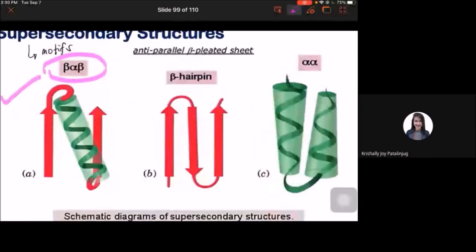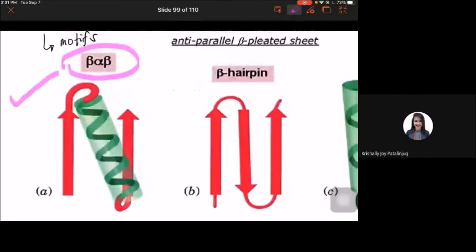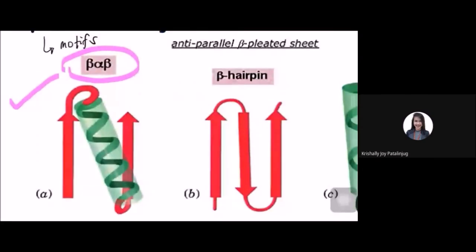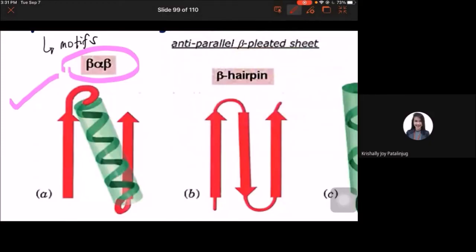You have 2 betas in between an alpha helix. Question: yung beta structure dyan, ano yung direction? Parallel or anti-parallel? Very good, it's parallel, kasi same direction. So, kaya siya tinawag na beta, alpha, beta, based on the structure itself. Okay, so super secondary structure siya.